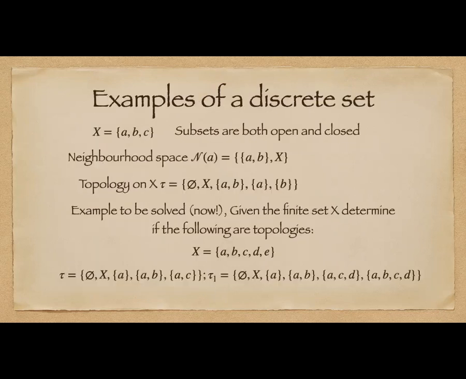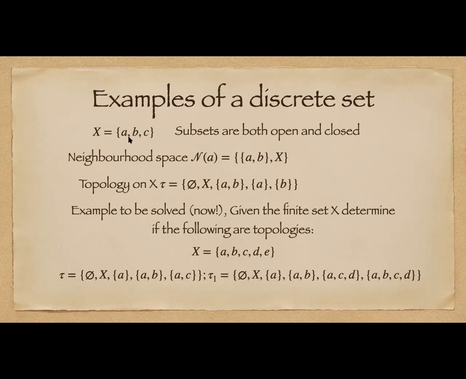Now we'll see it in a minute in an example. We'll take a simple example of a discrete set to see and implement topology. If we have a discrete set, let's say X is {A, B, C}, so 3 elements of the English alphabet, this is known as a discrete set.